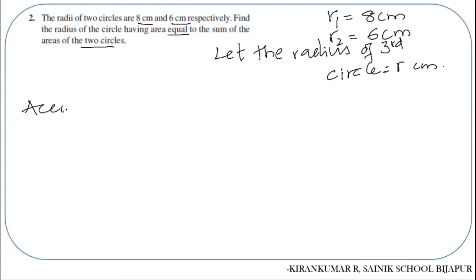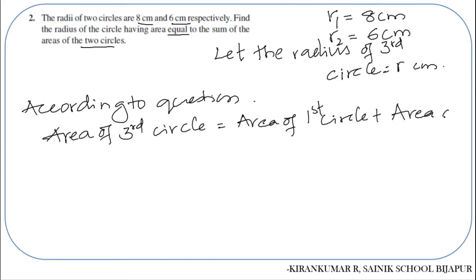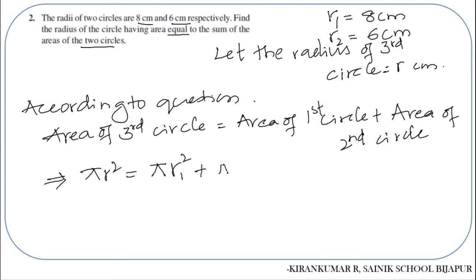So according to question, area of the third circle is equal to area of first circle plus the area of second circle. Area of the third circle is pi r square, which is equal to pi r1 square plus pi r2 square.